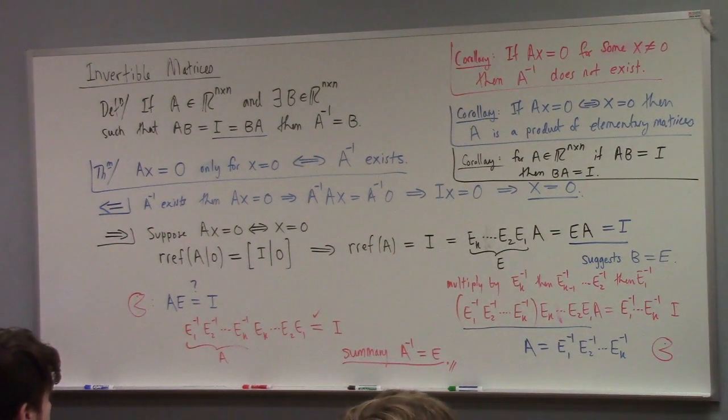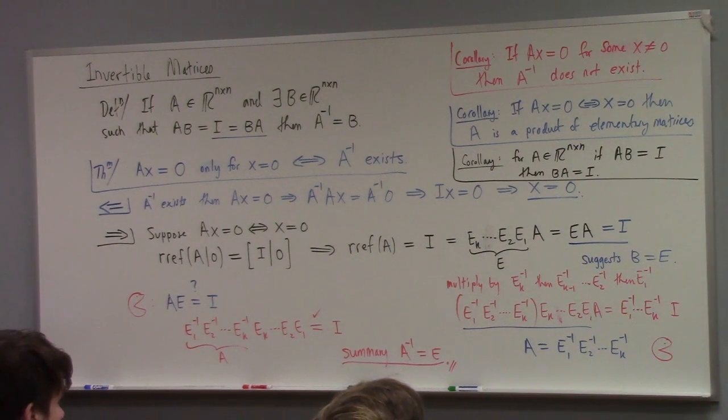And you have to have the following: f of f inverse of y is equal to y for all y in B, and f inverse of f of x has to be equal to x for all x in A. Another way of looking at this is that f composed with f inverse has to be equal to the identity function on B, and f inverse composed with f has to be the identity function on A.